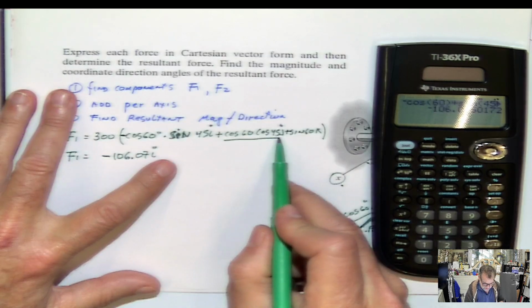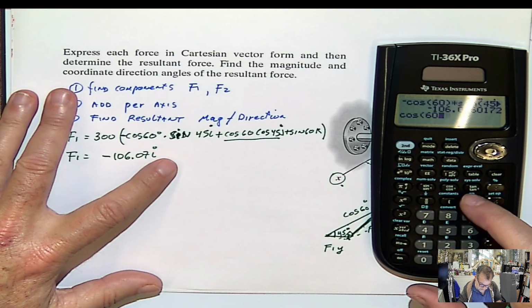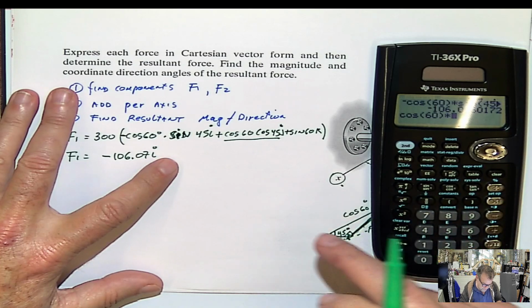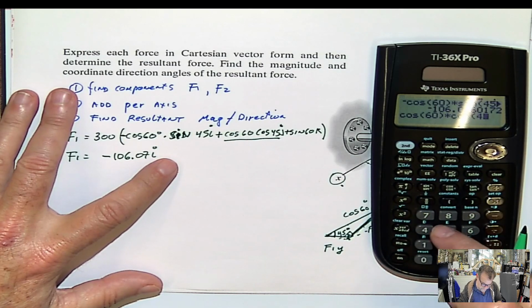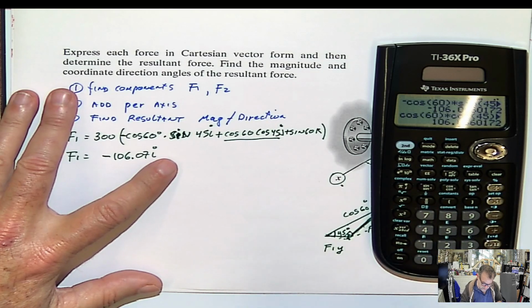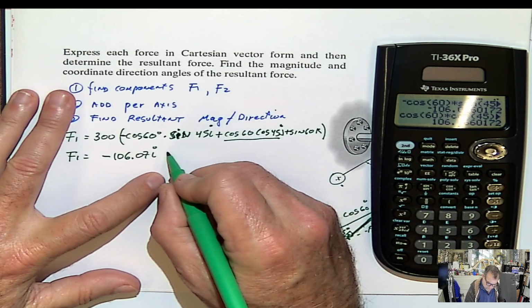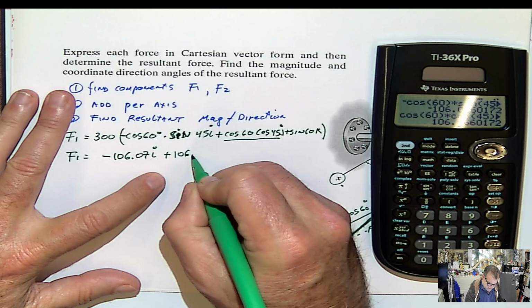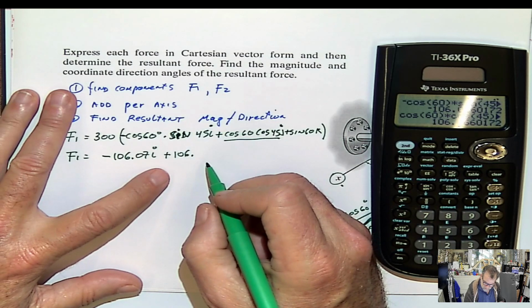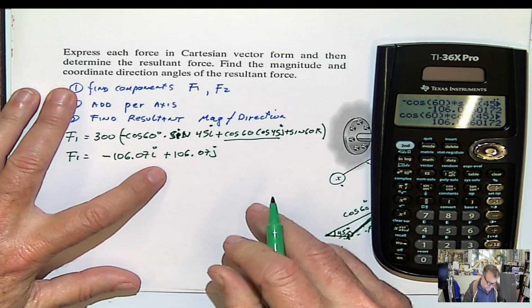For the j direction it will be cosine 60 times cosine 45 times 300, and that will be 106.07, but positive this time, in the j direction.